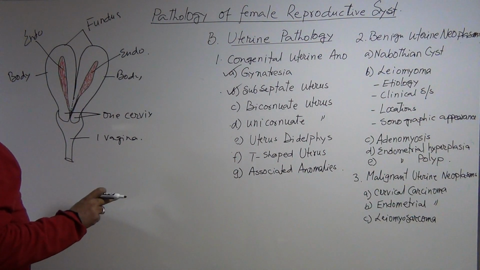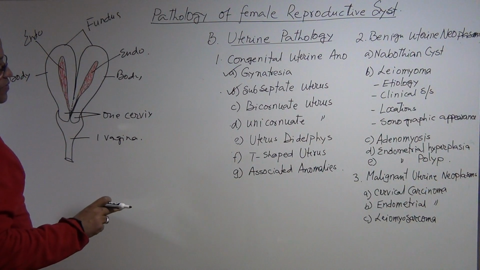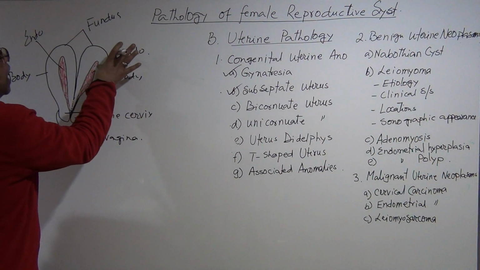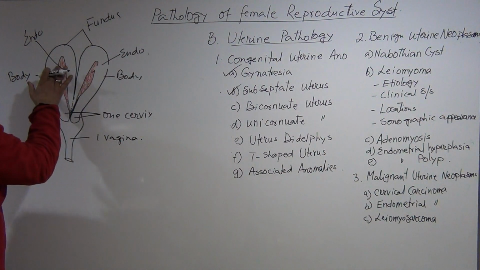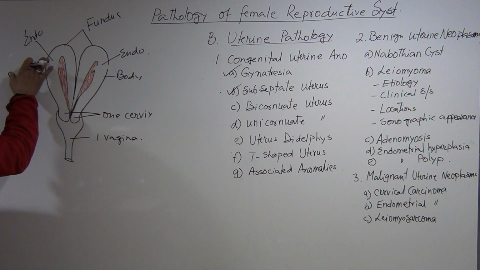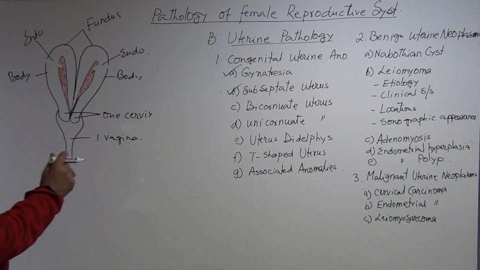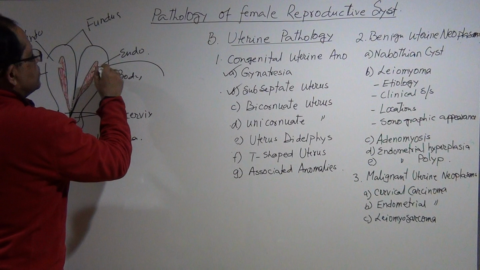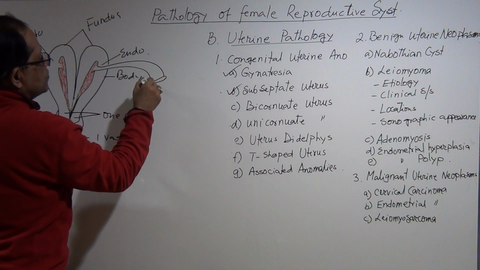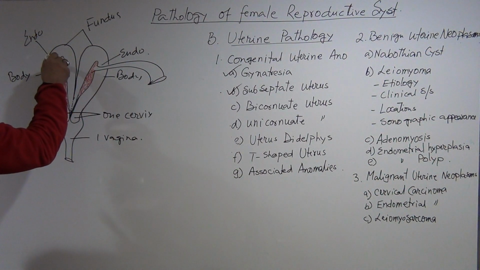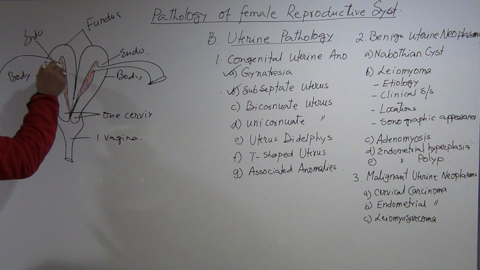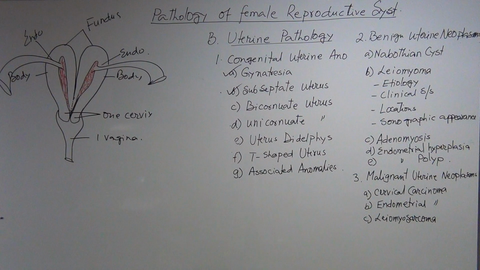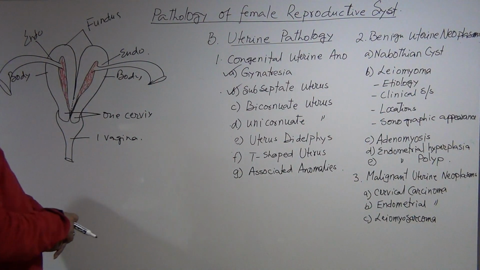Now, one thing I did not draw yet. What is that? Fallopian tube. In this situation, keep that in mind: how many uterus there are doesn't matter, fallopian tube is always two.